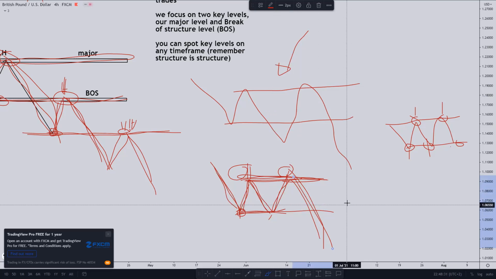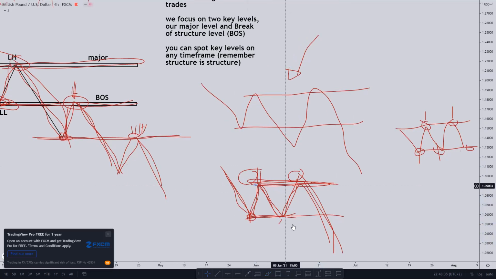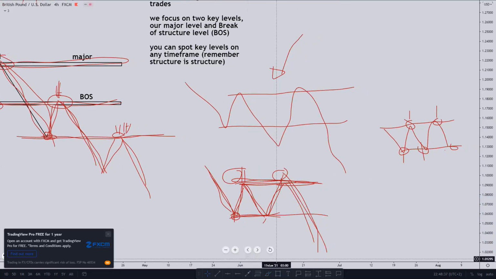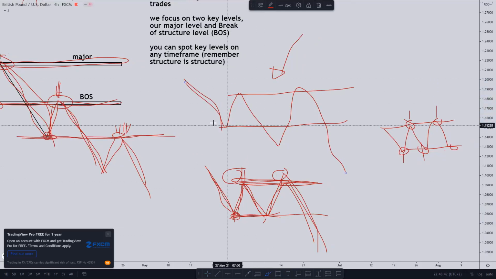So let me make another example. Price pushes down, gives us a lower low, and now this becomes a level. And then price pushes back up, gives us a lower high, and now this becomes a major level, right?